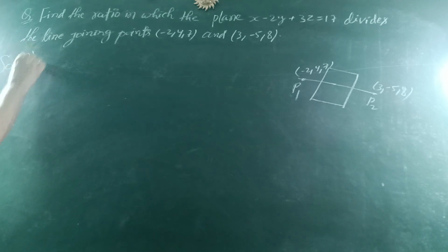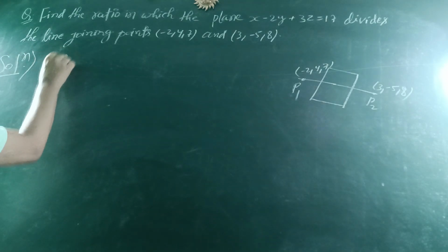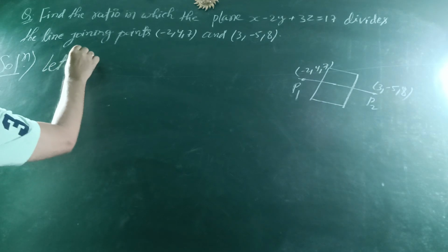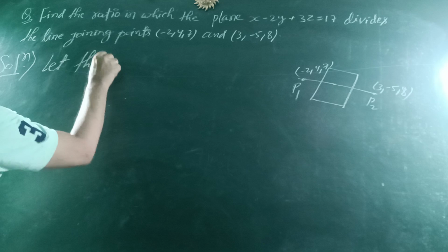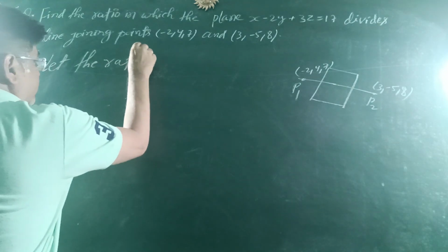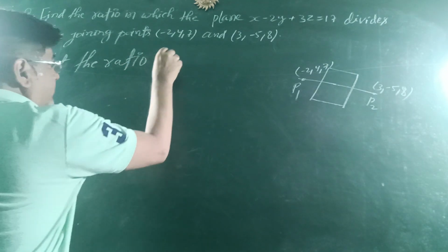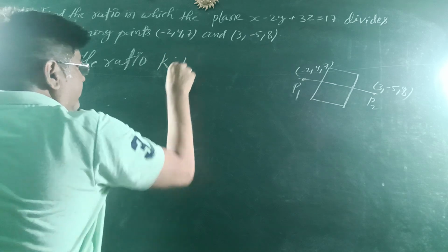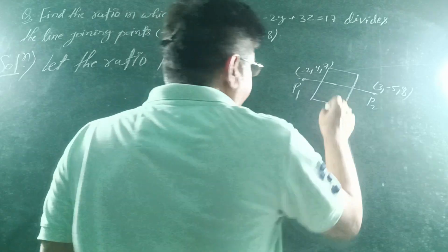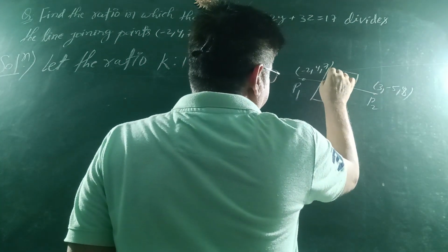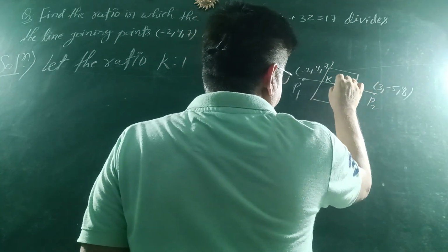Solution: let the ratio be K ratio 1. Suppose that the 2 points are joined in the ratio K to 1.